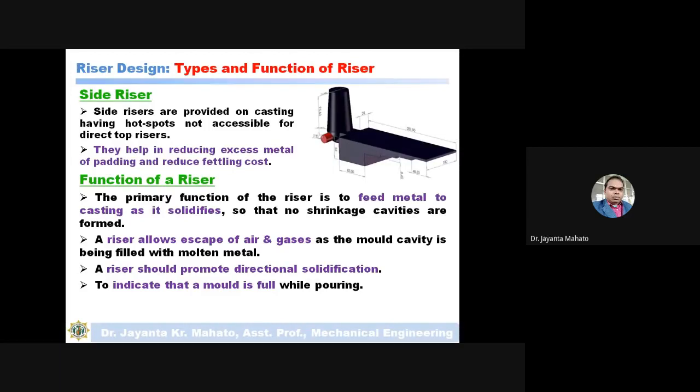A riser also indicates that a mold is full while pouring. So by using a riser, you can get the information that the mold is completely full. By getting this information, you will not pour any extra molten material into the mold cavity.